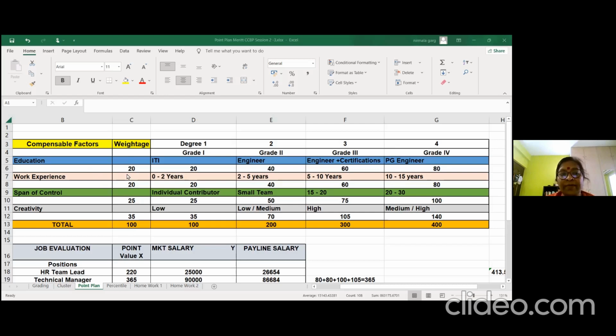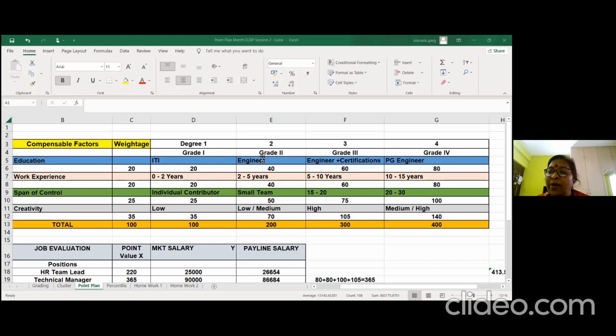Now, if you notice, I've assigned a weightage of 20 here for education, work experience 20, span of control 20, and creativity 35, which is equal to 100. Step 3. Step 4, what will you do? Now, populate the plan. Since we are doing linear regression, simply multiply 20 by degree 1, so just multiply 20 with all the degrees.